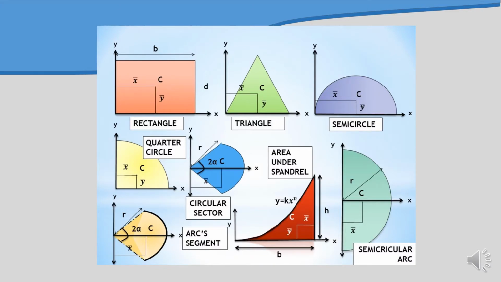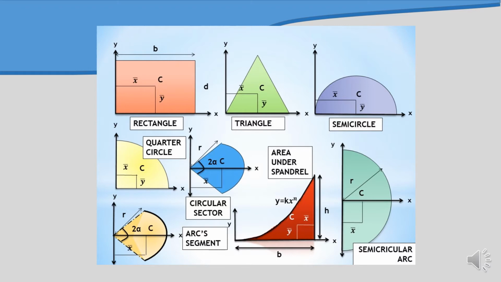For some basic or common shapes, we can determine the center of gravity, the center of mass or the centroid. In this case, we have several shapes where we can see whether they are symmetrical about a certain axis.